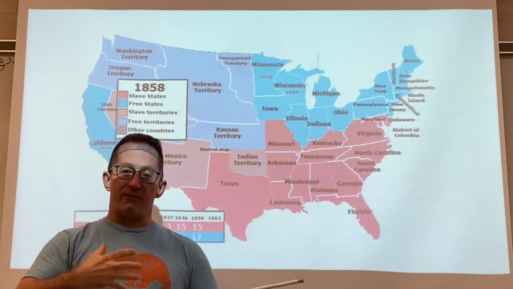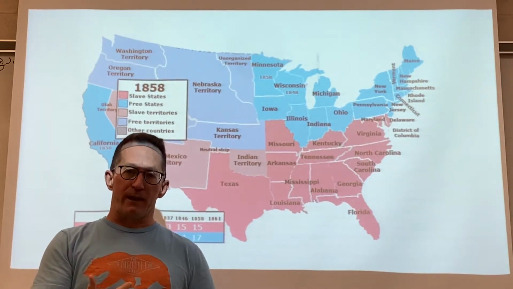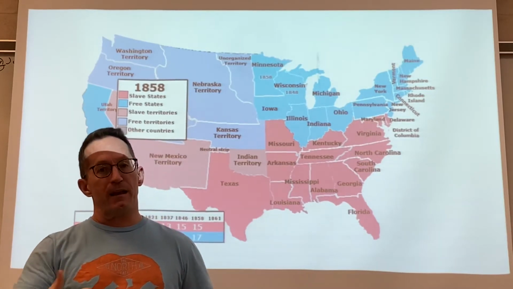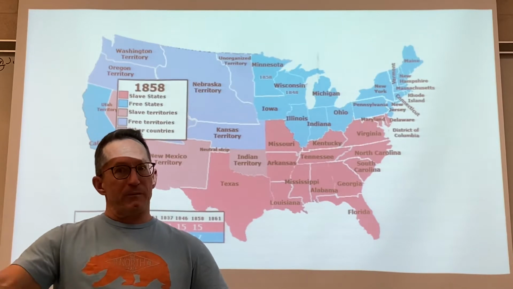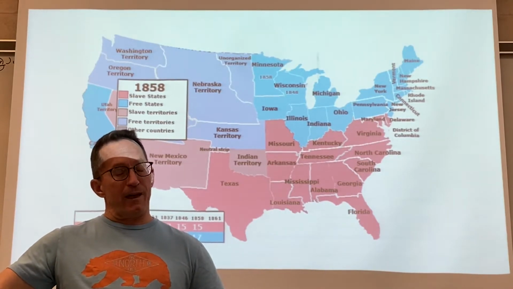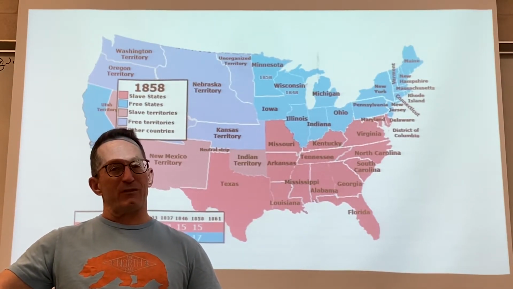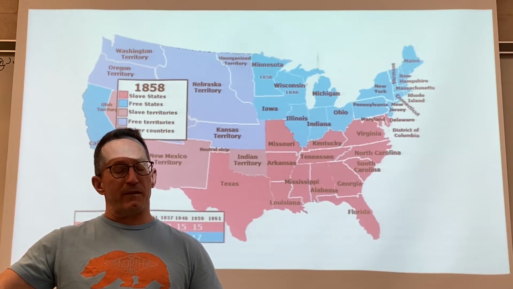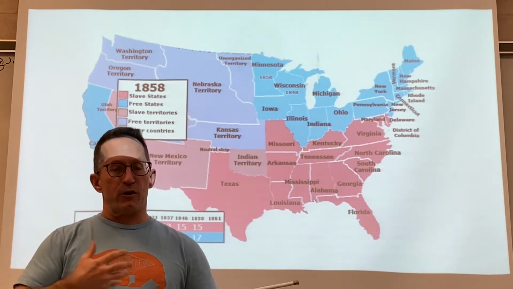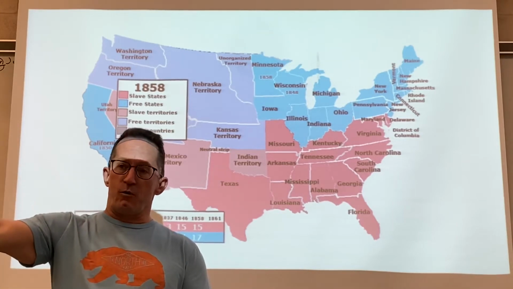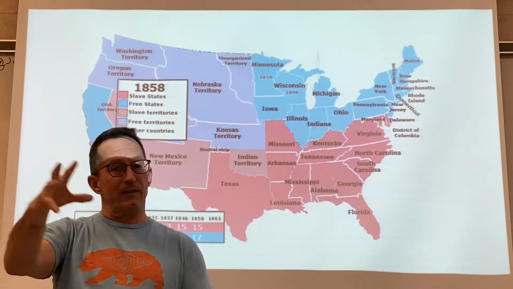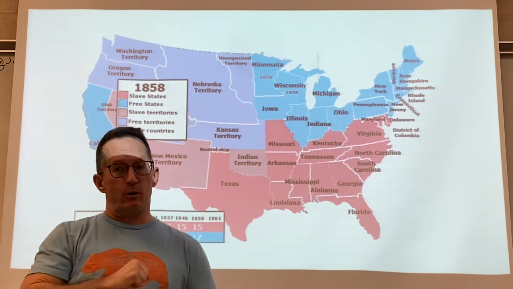These southern states, their economy depends on slavery, and not just their economy, their social structure. Their jobs, their money, their businesses are held up by this concept of slavery and this practice of slavery, and their social systems are all based on this idea that you have white people that are citizens and black people who are not.